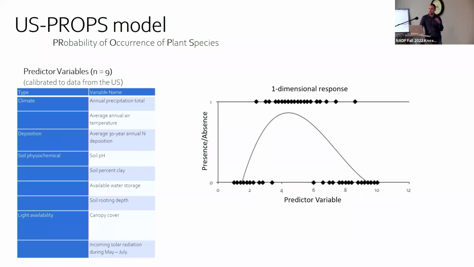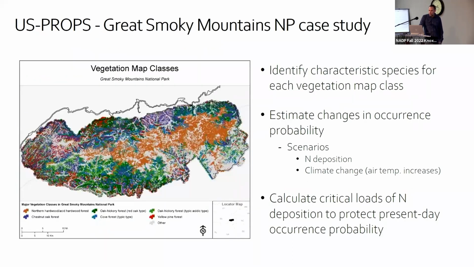We fit the model to observed presence-absence of the species across a large number of plots, so our results are somewhere between 0 and 1. That's the probability that we expect the plant to occur at a specific location or point in time. Our first regional case study was for Great Smoky Mountains National Park.